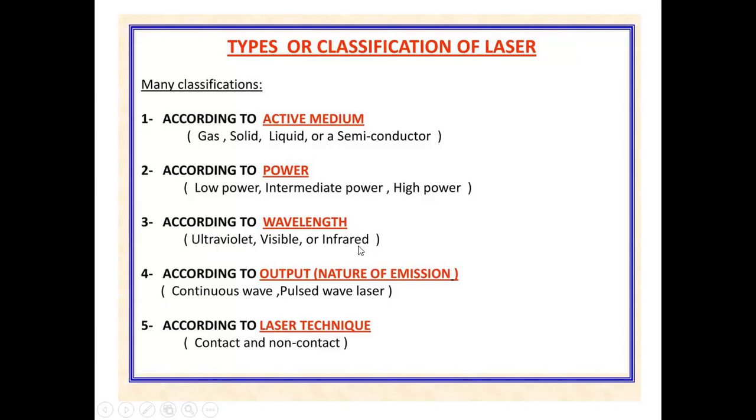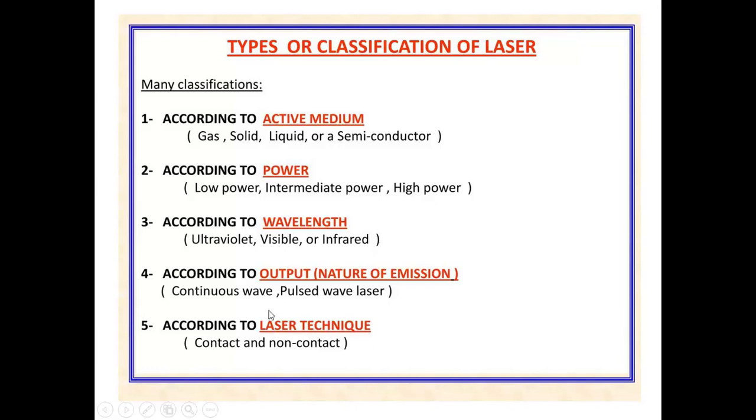So depending upon the difference between the energy levels and the corresponding wavelength, we can have E2 minus E1 equal to hc by lambda. So lambda is going to be in the range of infrared or ultraviolet, and if visible, then we can see them.